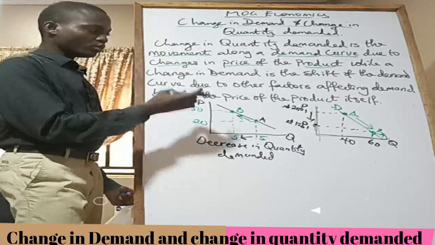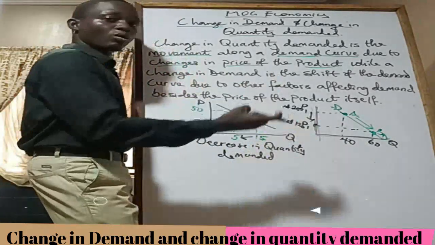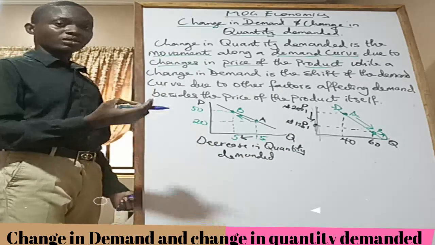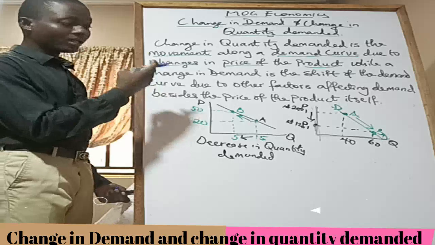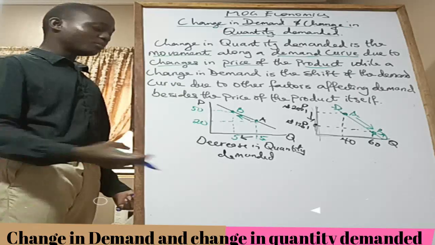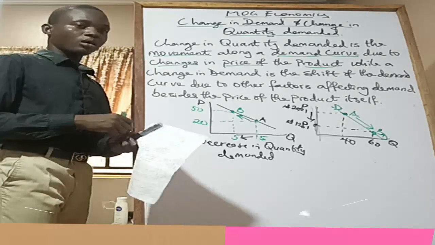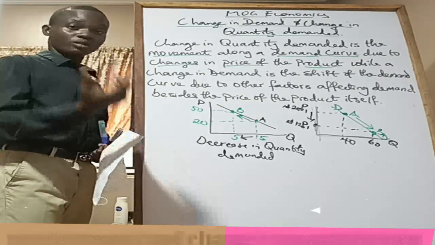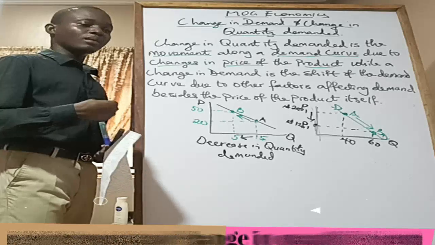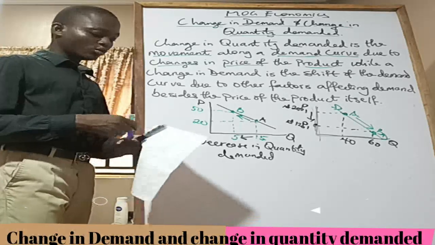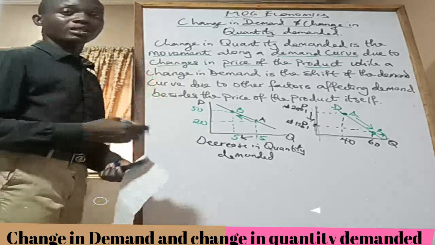So we are looking at what? A downward movement, right? So an increase in quantity demanded is a downward movement, or let me just follow what I did here. An increase in quantity demanded is a rise in the amount of goods and services that consumers demand due to a fall in price of the product.